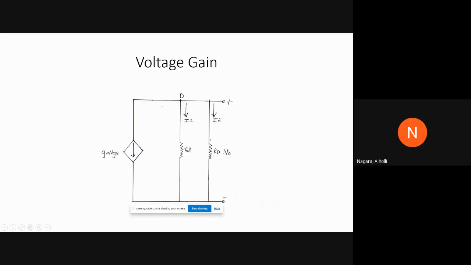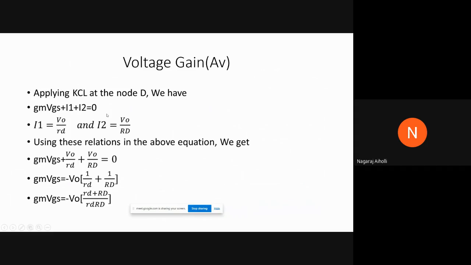If we apply KCL at node D, and consider the current flowing through small rd as I1 and the current flowing through capital RD as I2, then gm VGS plus I1 plus I2 will be equal to 0. According to KCL, the net sum of the currents at a node is equal to 0. Hence we have gm VGS plus I1 plus I2 equal to 0.